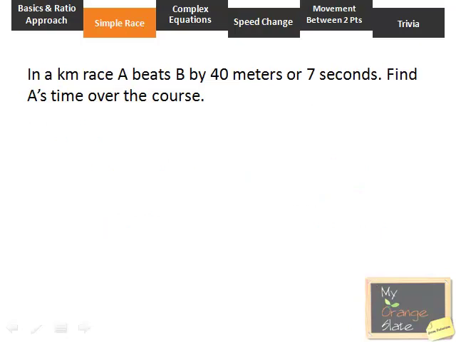We'll see another question. In a kilometer race, A beats B by 40 meters or 7 seconds. Find A's time over the course. In a kilometer race, once again a 1000 meter race, A beats B by 40 meters.